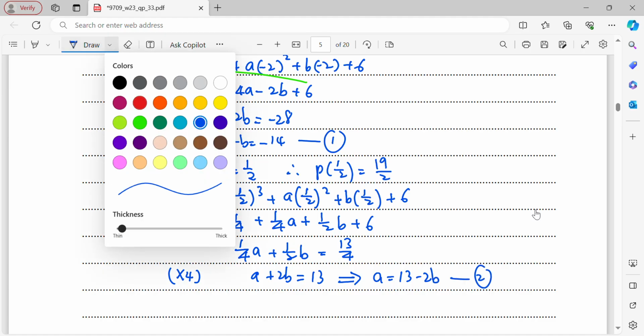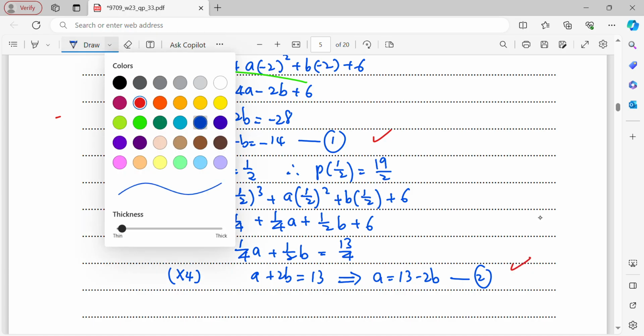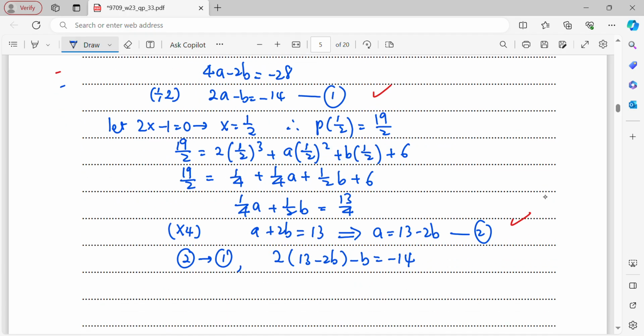So now I just need to solve the first and second equation in order to get a and b. So now substitute the second equation into the first equation. You will be getting 2 bracket 13 minus 2b, then minus b equals negative 14. Okay, then you will be getting 26 minus 4b, then minus another b equals negative 14.